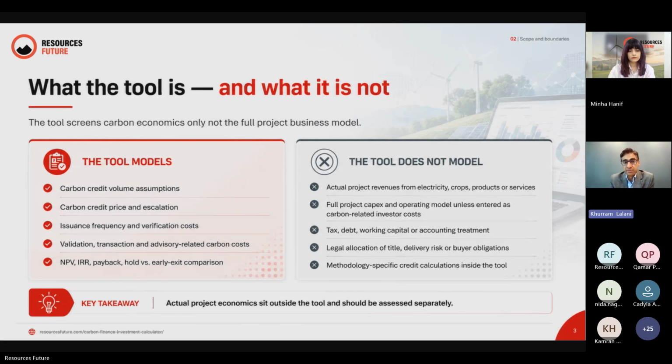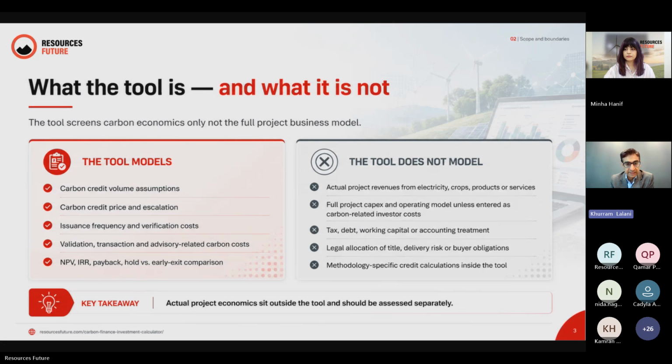It is again not a replacement of your full project model. So your project model, if it is waste, FLU, whatever, you would need a separate financial model to calculate those costs, capex, opex, and whatever that you need on the non-carbon financial side. On the carbon side, this model is pretty decent to work around.